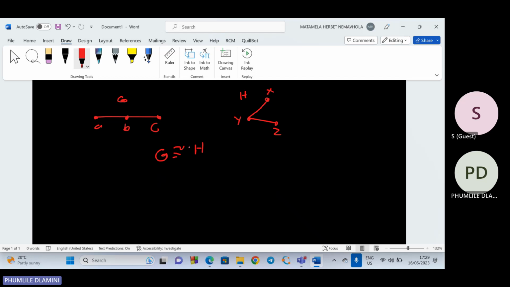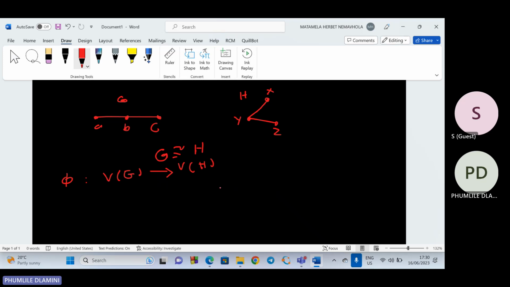So when you see something like this, you must know that this means G is isomorphic to H. And if I want to prove that these two graphs are isomorphic, I will show that the vertex set of G is the same as the vertex set of H. Yesterday I gave you a definition of what isomorphic is.